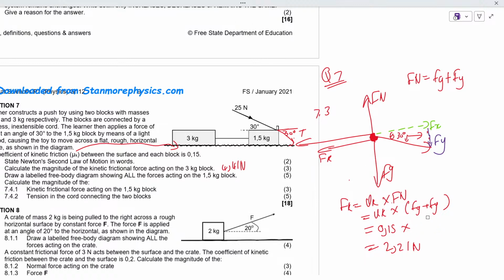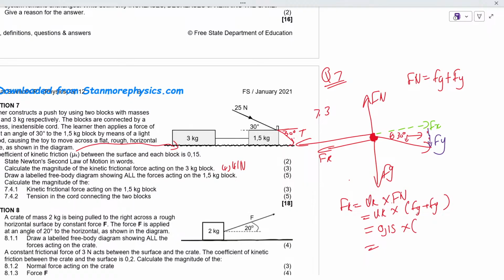You must note that every time there's an Fy, FN changes, because this Fy is pressing the block a little bit down, making FN larger.